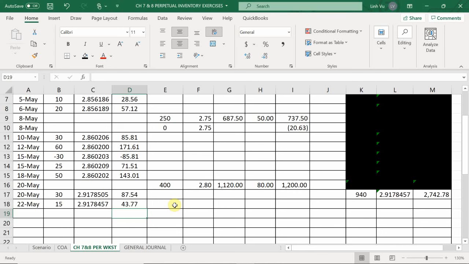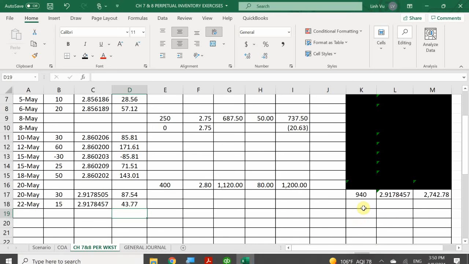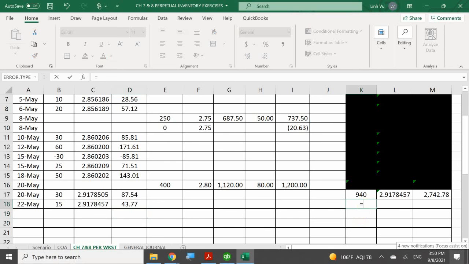What's my total cost of goods sold? $43.77. Okay.